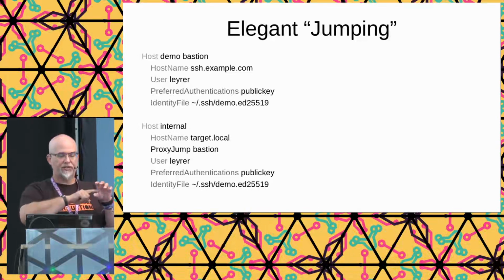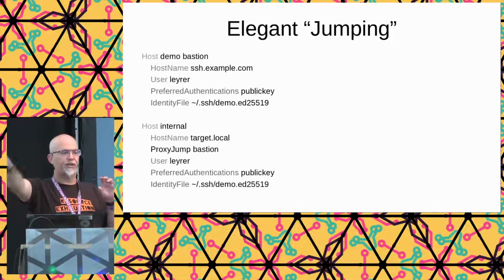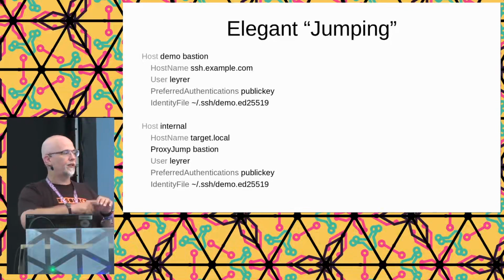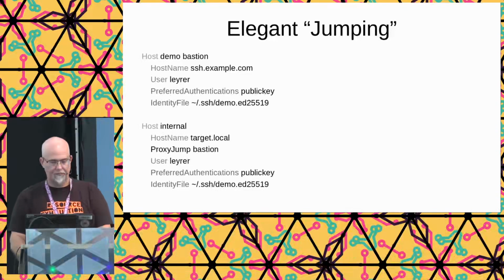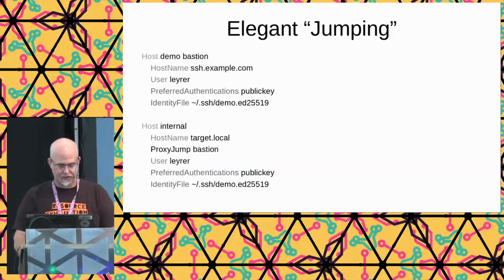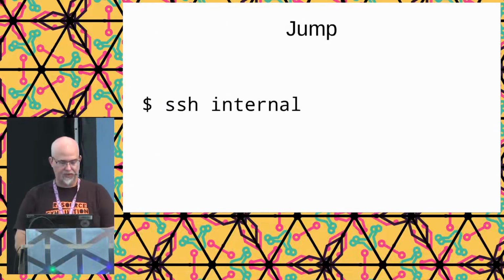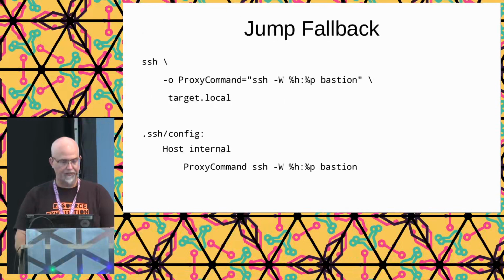So if you pass on the identity file, the SSH agent can talk directly to your internal servers. You don't need agent forwarding and everything else, which is a lot more secure than having SSH agent forwarding running on that Bastion host. But of course, it also works with password authentication.